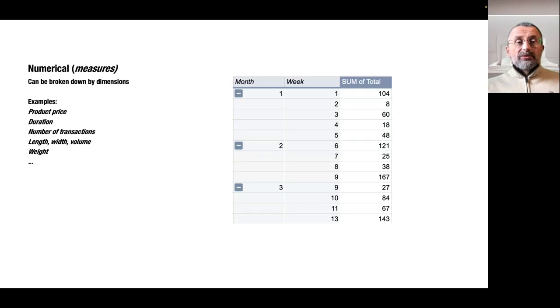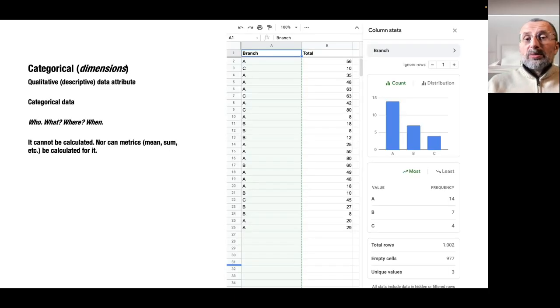Examples of numerical variables are product price, duration, number of transactions, length, width, volume, weight, etc. They can be broken down by dimensions. Dimensions are categorical variables. They provide the context for numerical measures.